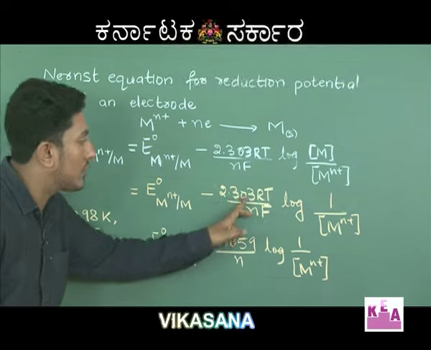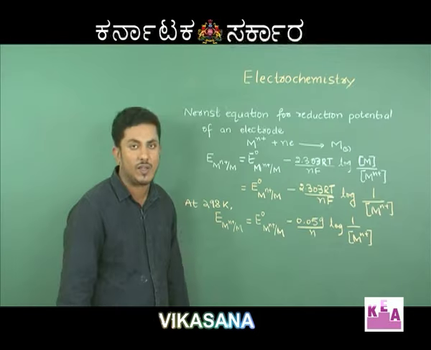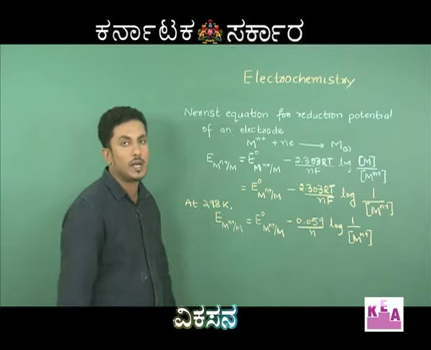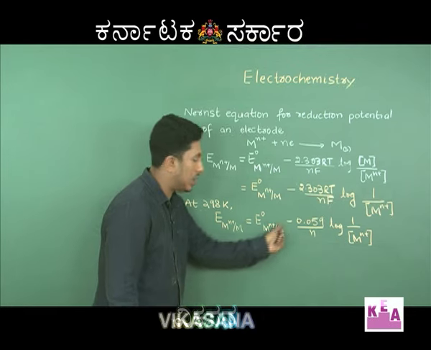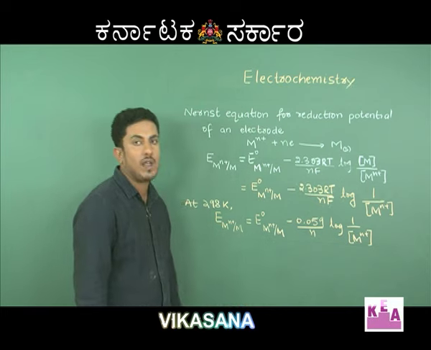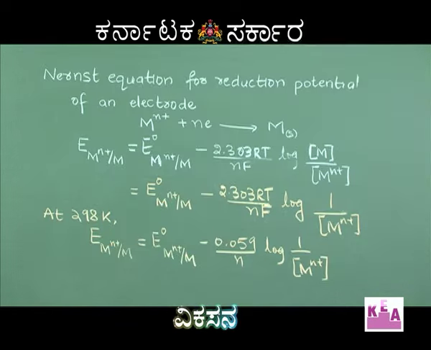So 2.303 RT by F at 298 Kelvin is equal to 0.059. Hence the equation at 298 Kelvin gets reduced to E = E° minus 0.059 divided by n log of 1 divided by the concentration of the ions.